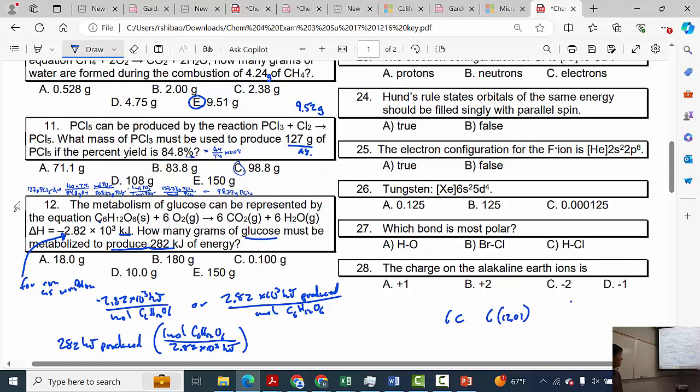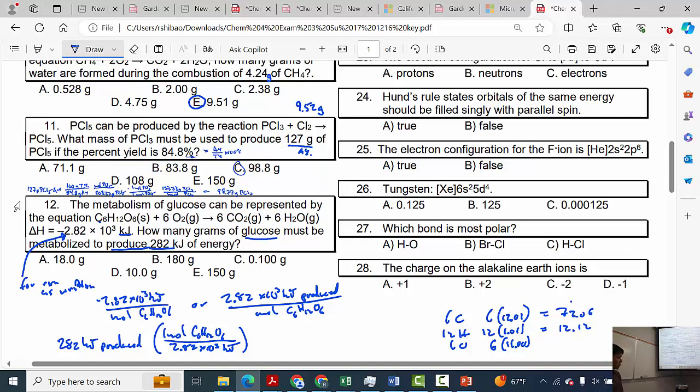And then the molar mass of glucose. Unfortunately, we have to figure that out, which is going to be a pain. We have 6 carbons, so that's 6 times 12.01. We have 12 hydrogens, 12 times 1.01. And we have 6 oxygens, 6 times 16.00.